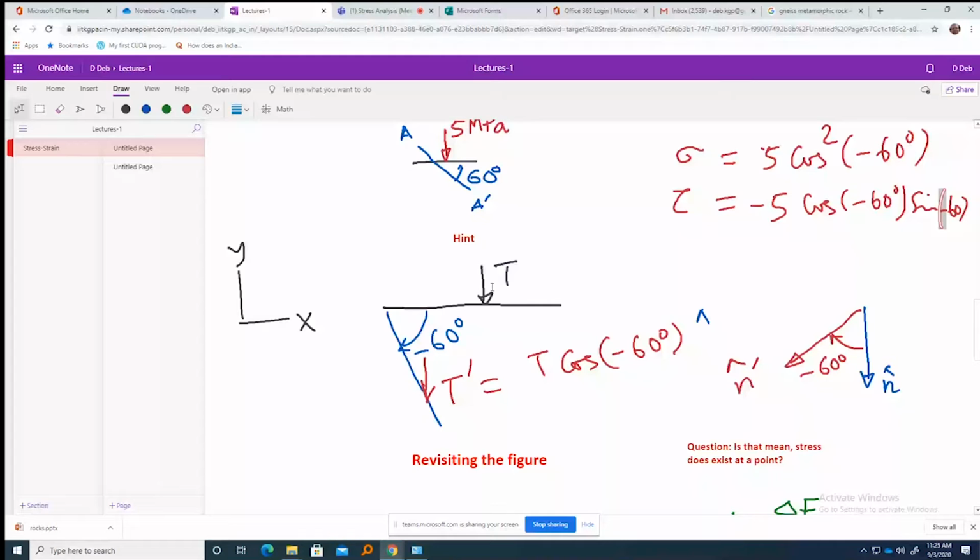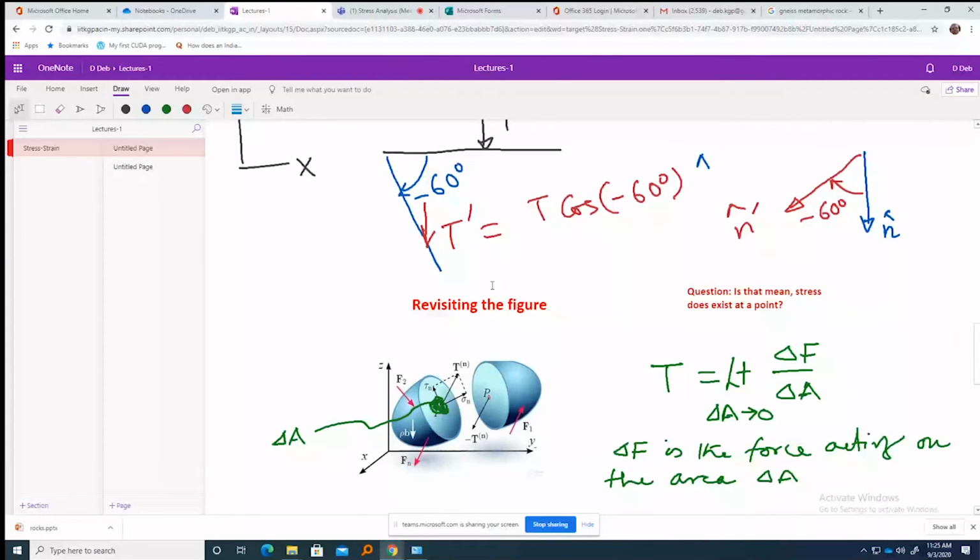Now let us revisit the earlier figure. Okay. What was there? There is some force acting, and that force divided by the total area, we talked about as traction. That was the initial definition I gave you about traction. So force divided by area.